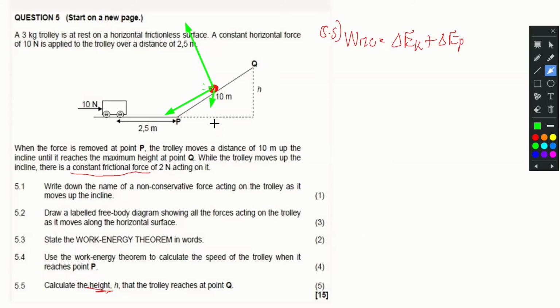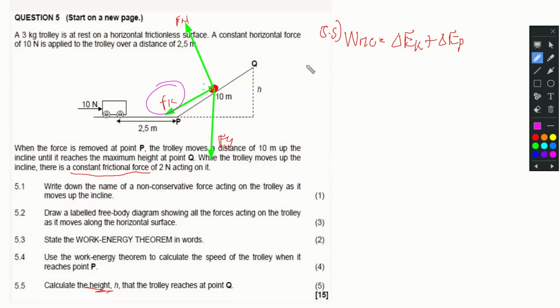And then, okay. So perpendicular to the slope is your normal force. And then this is Fk. And then this is your gravitational force. If I'm using WNC, I can already identify that the only non-conservative force that I have here is Fk. So this will break down to work done by Fk.